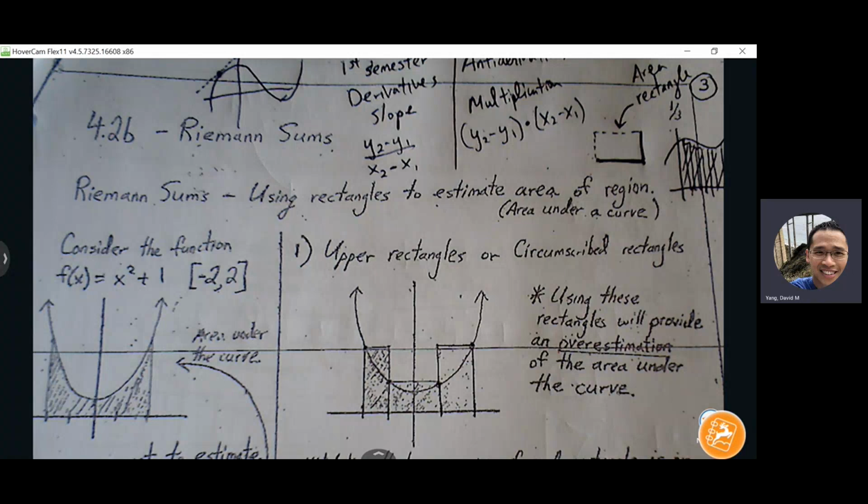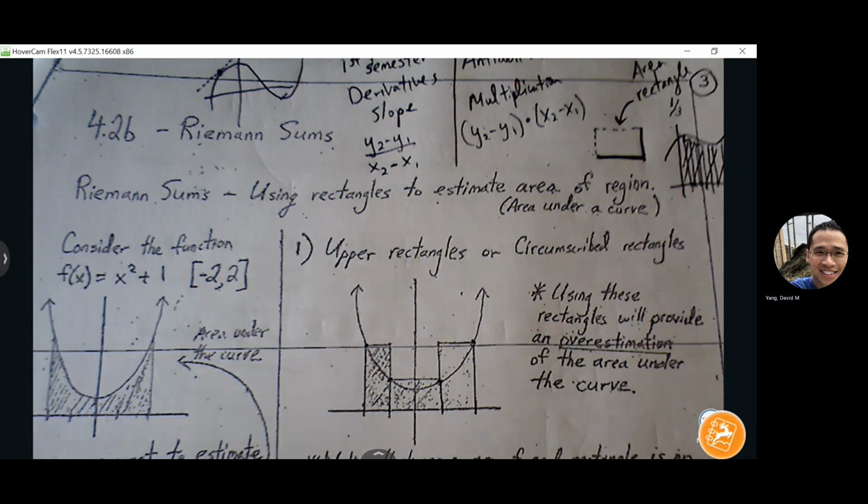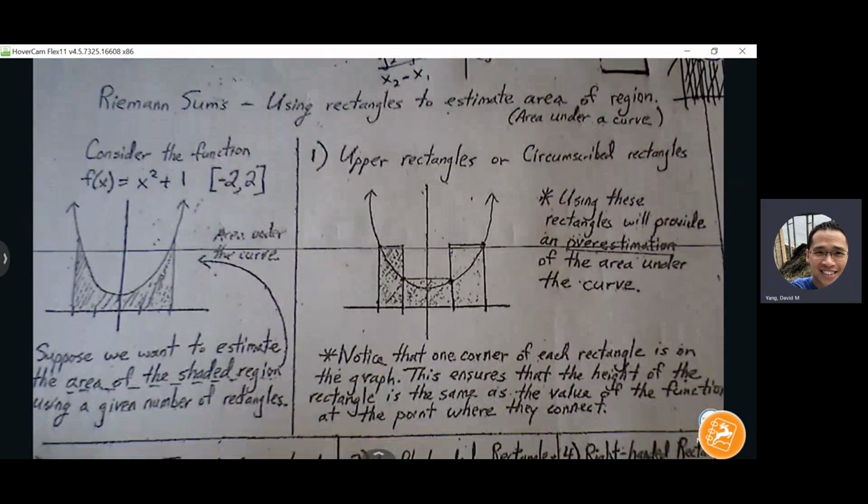Depending on how we draw the rectangles and how many we draw, that's going to influence the accuracy. At least in this course, we don't have to worry about how accurate our approximations are. We just have to be able to produce the approximations that the problem is asking for us to find, depending on what type of rectangles the problem is specifying.